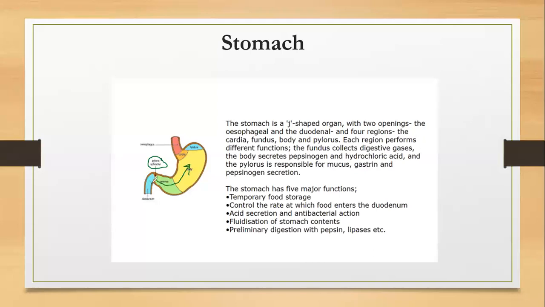For that reason, the stomach is also controlling the rate at which the food enters the duodenum. It is the one that holds the food there, and it will allow it to be emptied into the duodenum. And that process that I have just described is what we call gastric emptying.